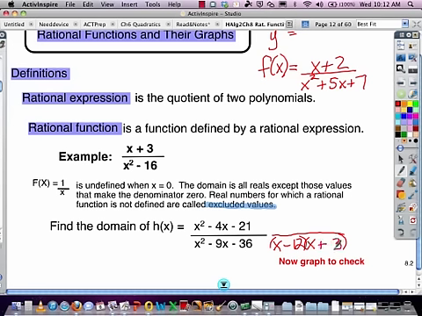Foil it out. We'd get a negative 12x on the insides and a 3x on the outside for a total of negative 9x. Last times last would give us our negative 36. So according to the definition, whatever makes the denominator 0, now that we've got it factored, it's easier to see our zeros. We don't have to go to a grapher or do synthetic division like we did last chapter.